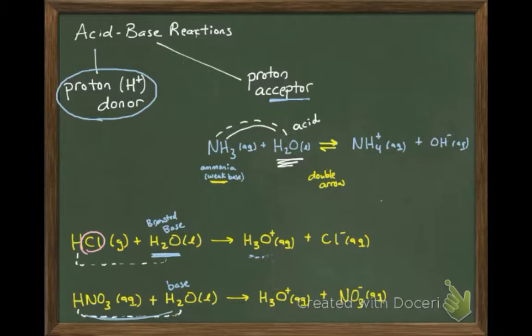This type of behavior for a compound like water has a term. It's called amphiprotic. So this means that it can both donate or accept a proton, and which thing it does is going to depend on what it is reacting with.